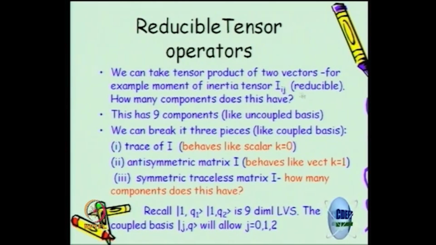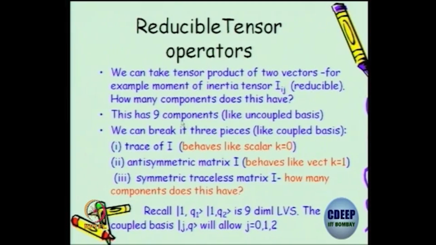This is in our notation now, it is a reducible tensor. Correct? A_i was an irreducible tensor of rank 1. Similarly, if you take the same vector r_i and r_j, each one is an irreducible tensor of rank 1. But the product which gives you the moment of inertia tensor is a reducible tensor.